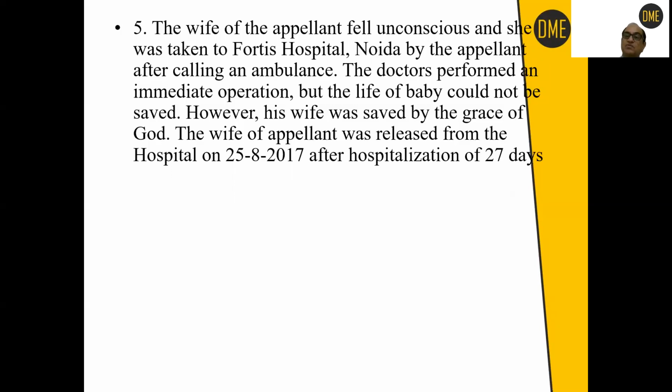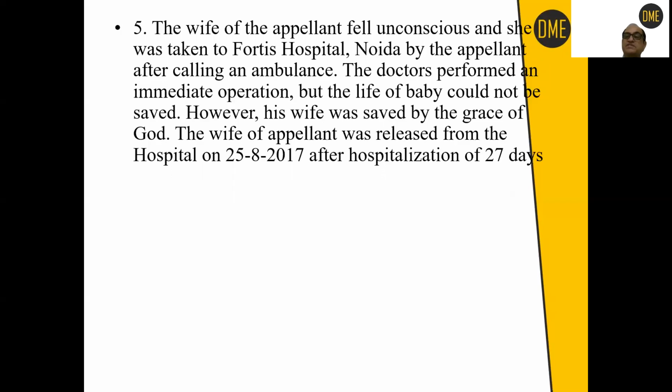So the appellant, who was to meet his lawyer for filing an appeal against the judgment dated 1st July 2017, had no option. He could not go to the court because the urgency was that his wife was seriously ill. And finally, the wife of appellant was released from the hospital on 25th August 2017 after hospitalization of say 27 days.